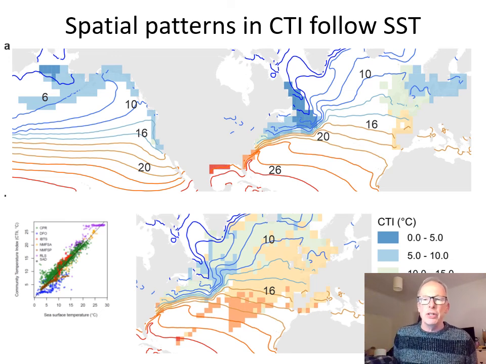And like rocky shore species, you can see that essentially wherever you look, the composition of communities follows the local temperatures, both in fishery species at the top and plankton at the bottom.